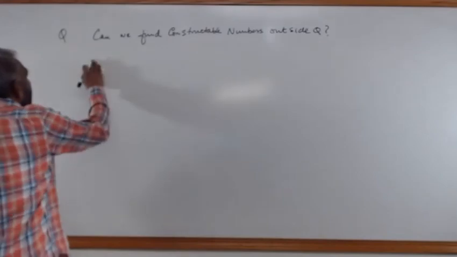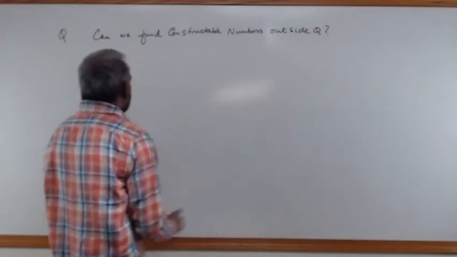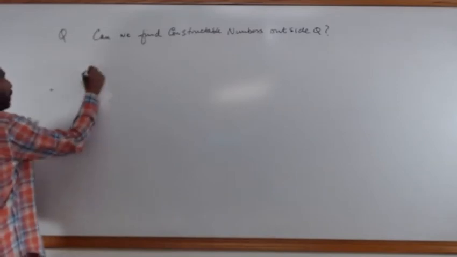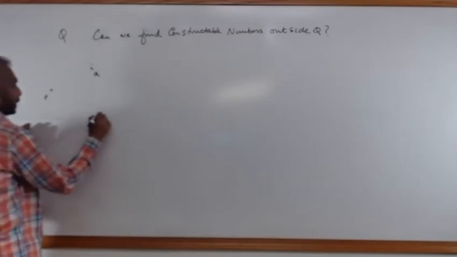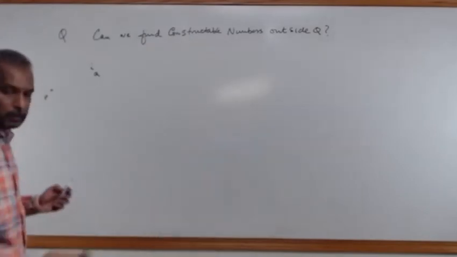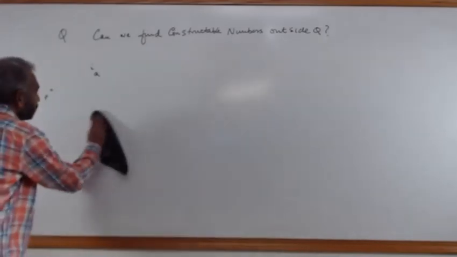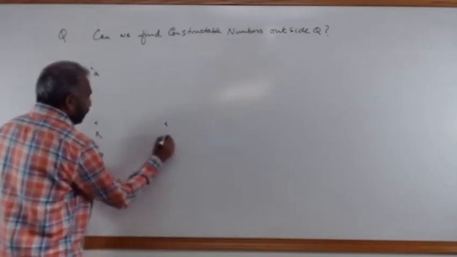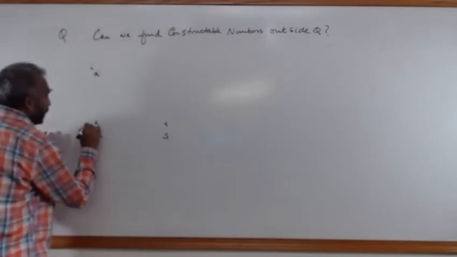Well, we are going to do this in an analytical way, not in the geometrical way. So let us say you have 4 points, P, Q and probably R, S. Okay, then we can join this.